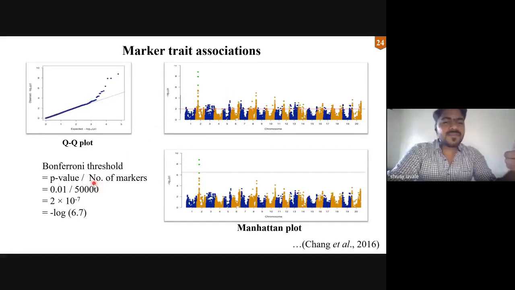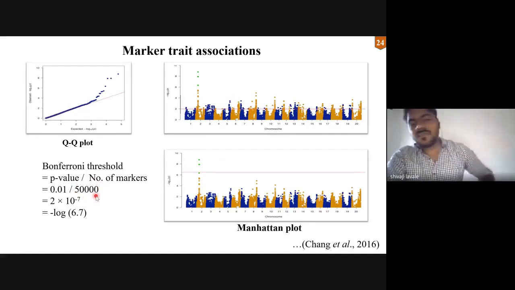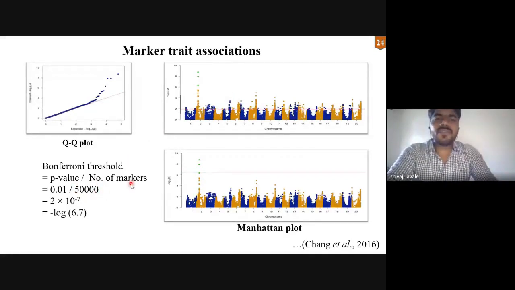If we are using, suppose, 50,000 markers, 1% of 50,000 will be 500. So there is a chance that 500 SNPs will show wrong association. For that correction, we need to go for Bonferroni correction, where the p-value will be divided by the number of markers, and the value will be 6.7. All the SNPs above this 6.7 will be actual associations.